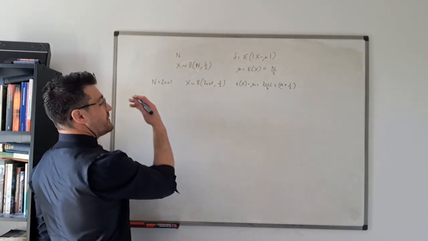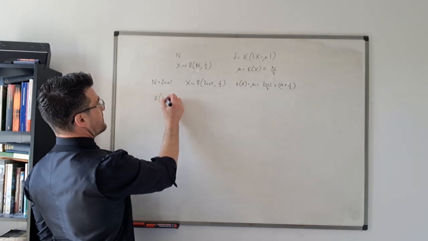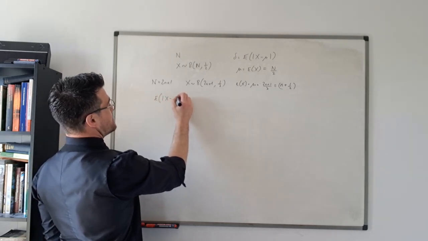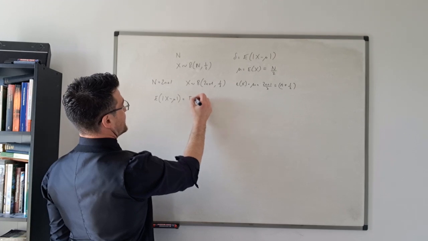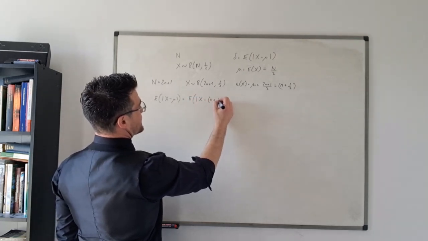So what we're aiming for is an expression for delta, which is the expectation of the modulus of X minus mu, which in this case is the expectation of the modulus of X minus (n plus a half).